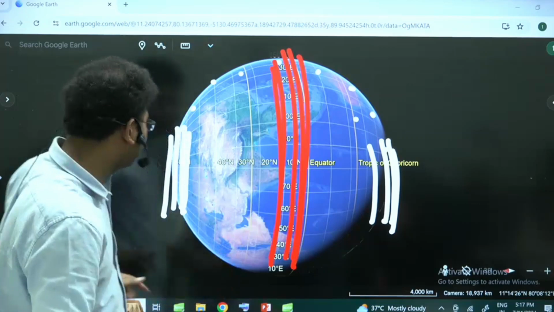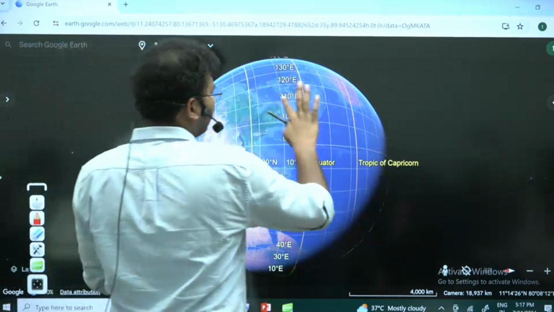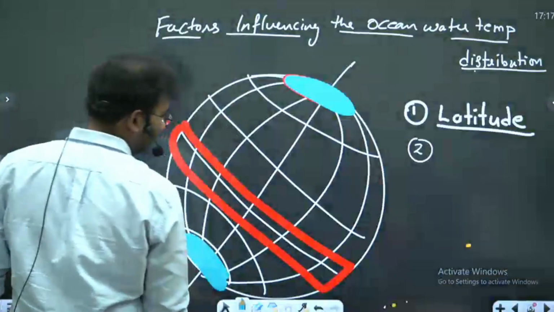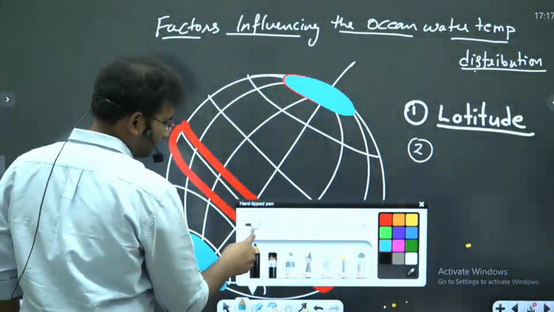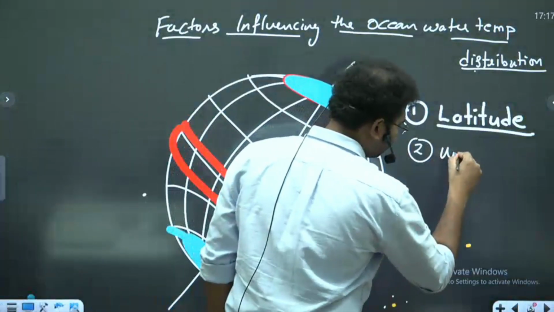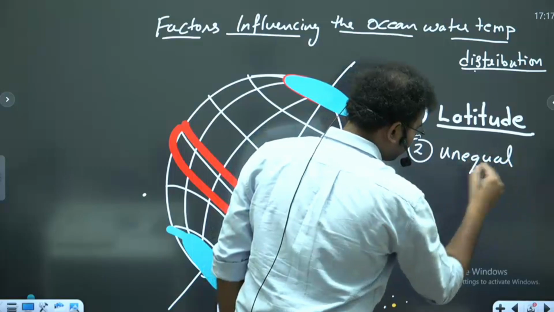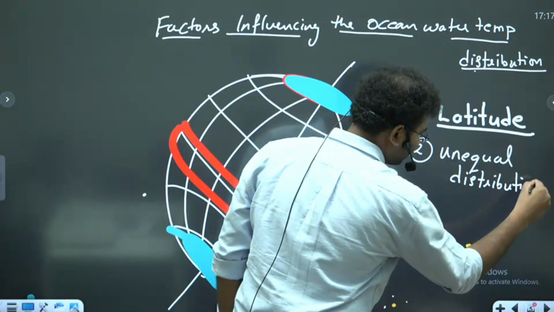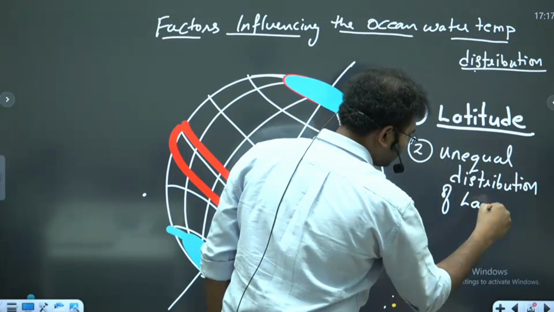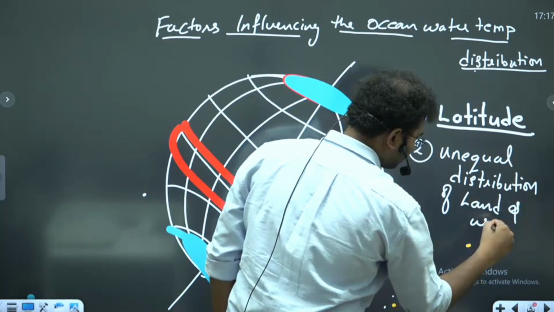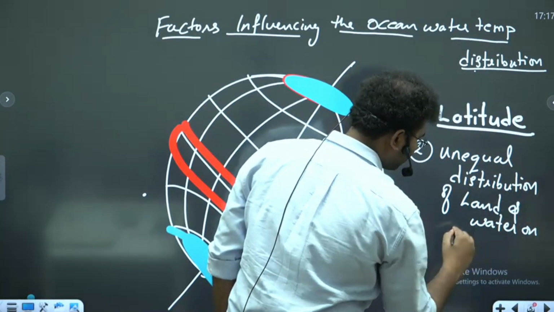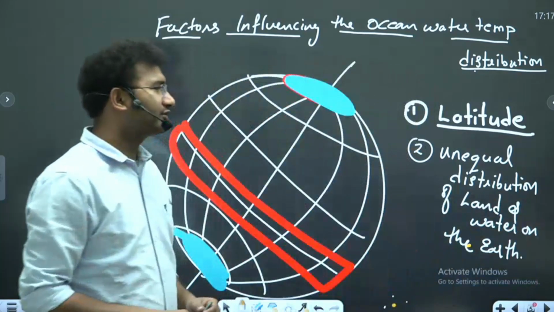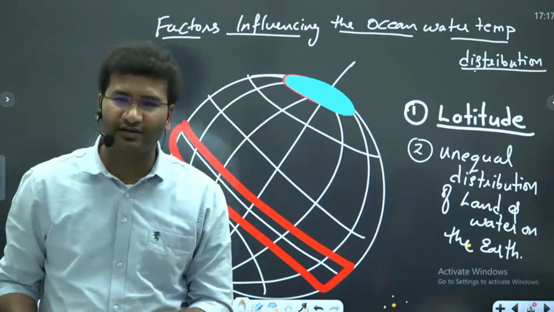Right? Next are the factors that influence the distribution of the temperature. The second factor you need to learn is the unequal distribution of land and water on the earth.